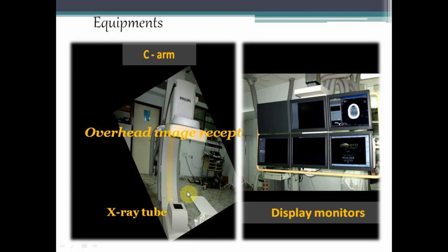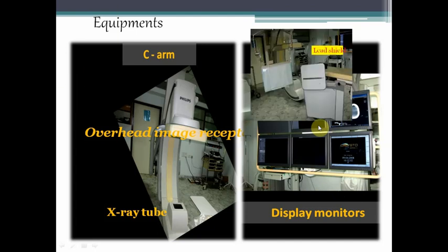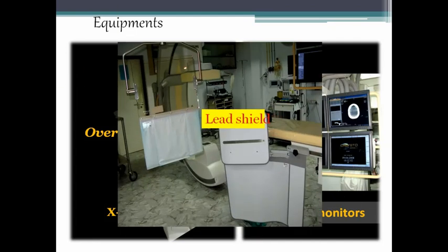This is the X-ray tube. Here is the image intensifier. These are different display monitors, where one shows the last image and the other shows the live image, to compare with the previous study, or any CT or MRI can also be seen at the same time. This is the lead shield here.